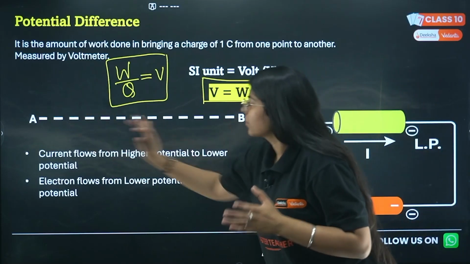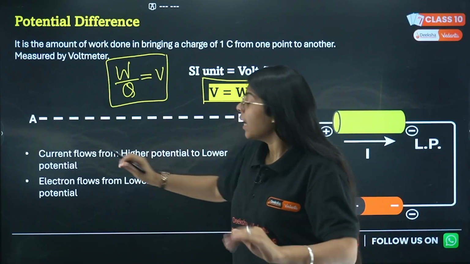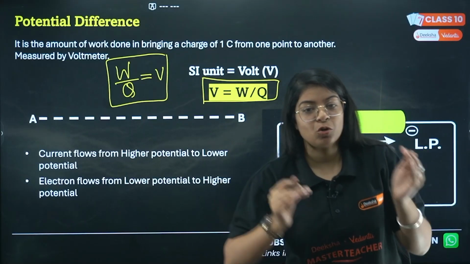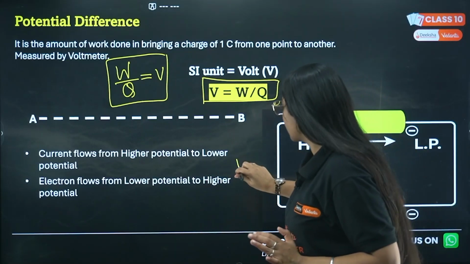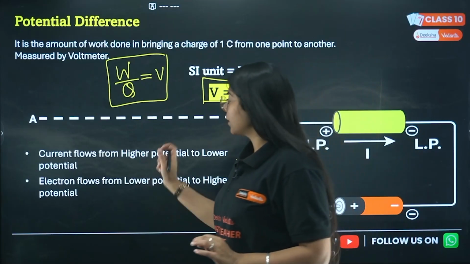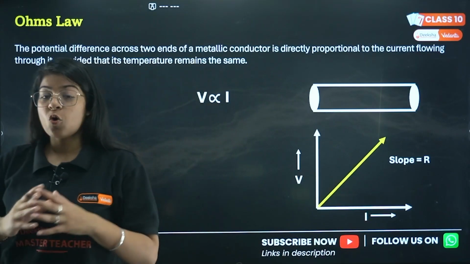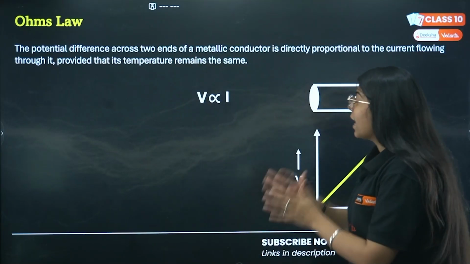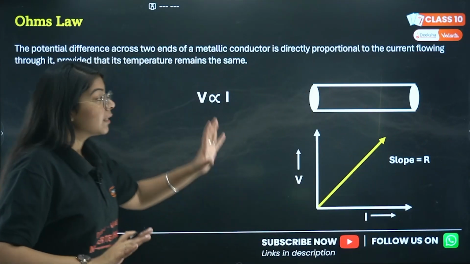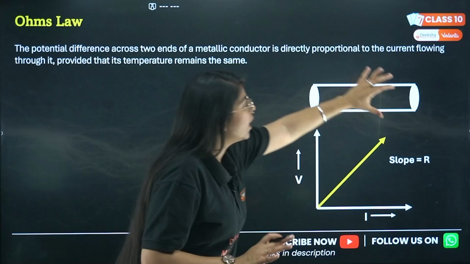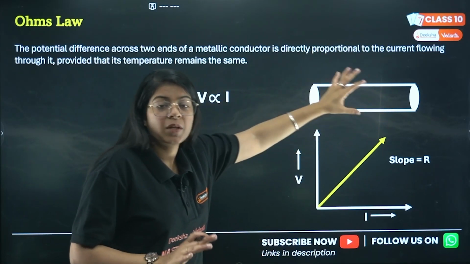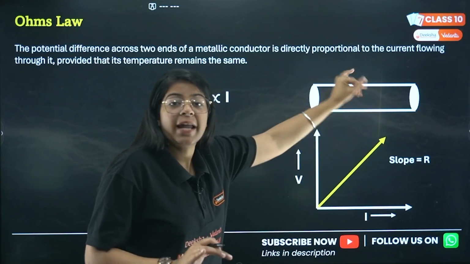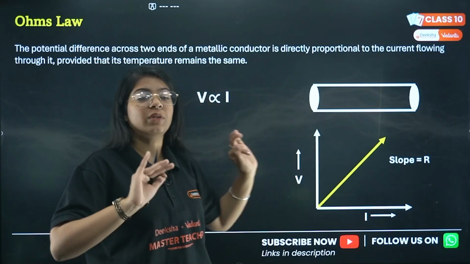Now a very important point: current flows from high potential to low potential and electrons go from low potential to high potential. Just a very simple, very important point. Understood? The next is Ohm's law. Very important law. Okay, now we have a conductor. The potential difference between two ends of this metallic conductor is directly proportional to the current flowing through that conductor.